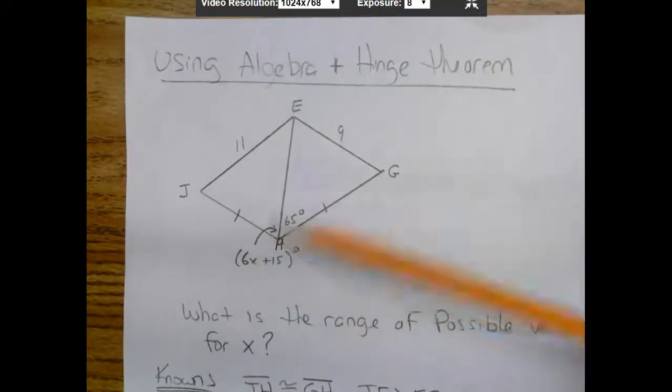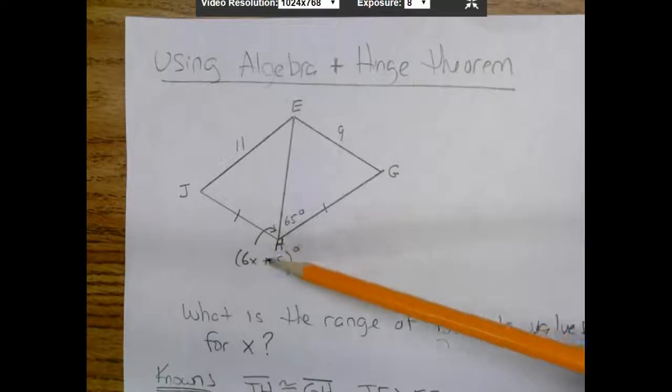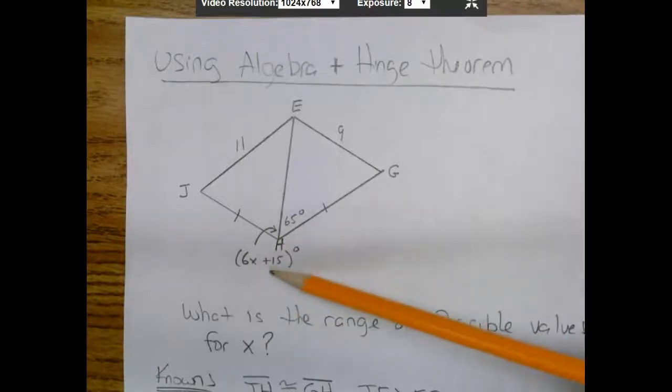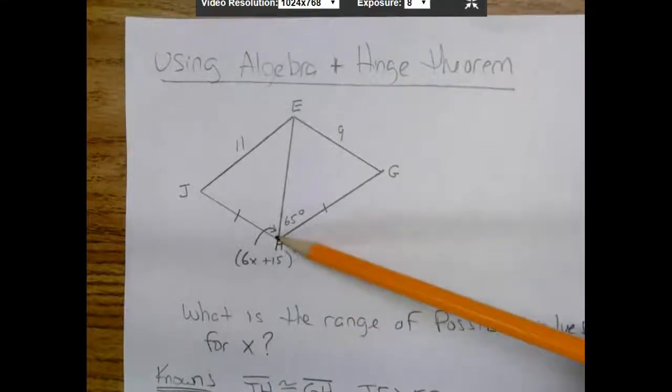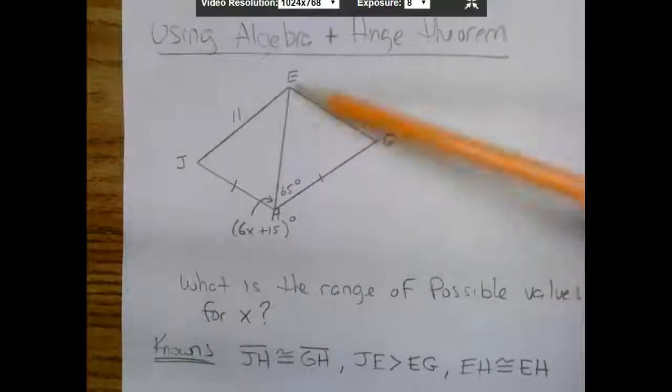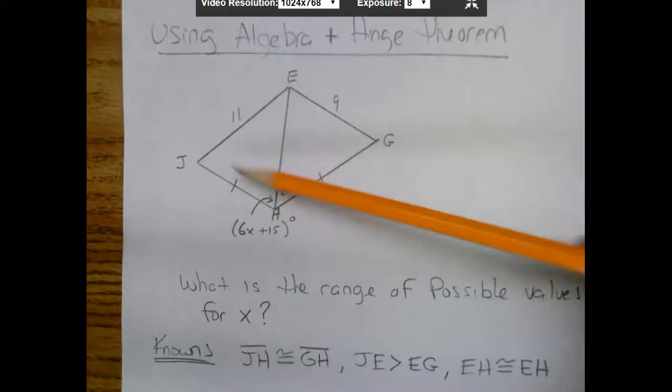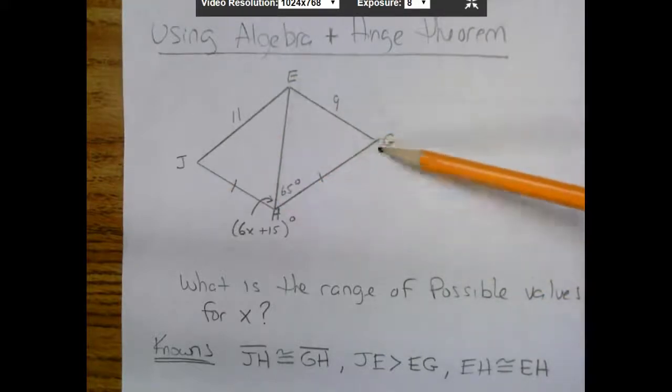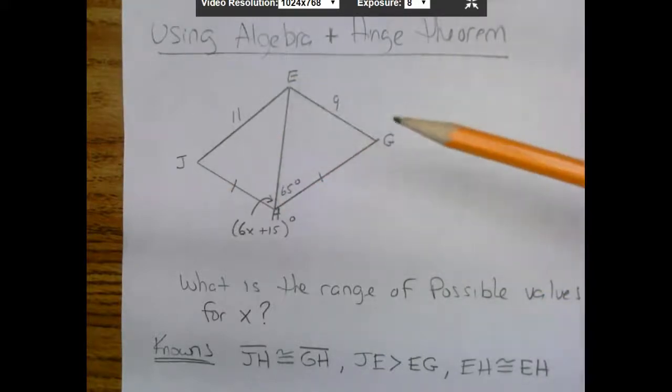And then we have the angle here, which we don't know, but we have an algebraic statement, 6x plus 5, that the angle is equal to. And then we also have the reflexive property going on here. They have a shared side, so the EH of this triangle is equal to the EH of the other triangle.